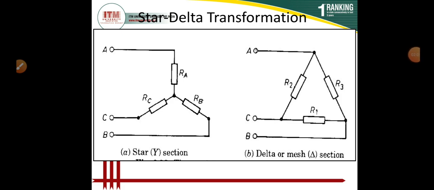In our previous classes we have covered Kirchhoff's laws. There you learned how to solve simple series, parallel, or bridge type resistive networks by applying Kirchhoff's laws, doing mesh current analysis or nodal voltage analysis techniques, and solving the networks for the unknown quantities.